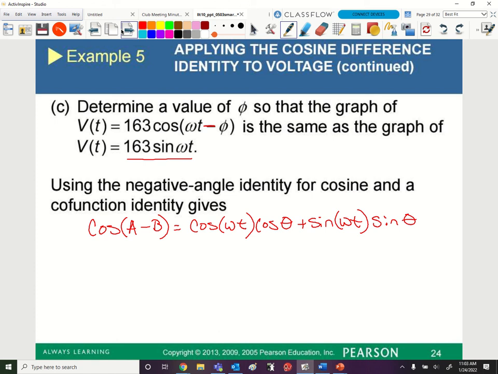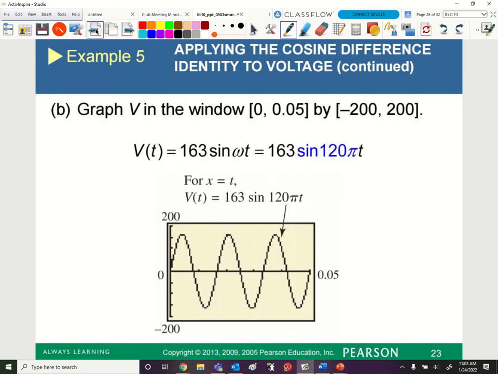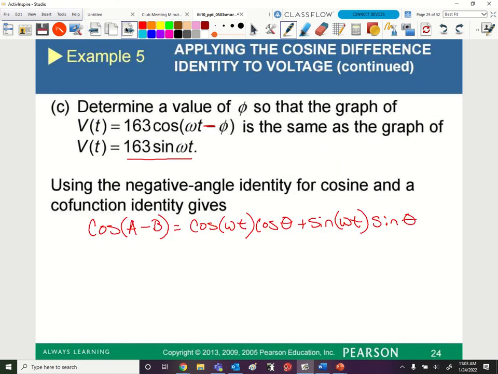So let's go through and plug these in for the values that we had. So sine wt, and wt was going to be my, what did we say? That was 120 pi.